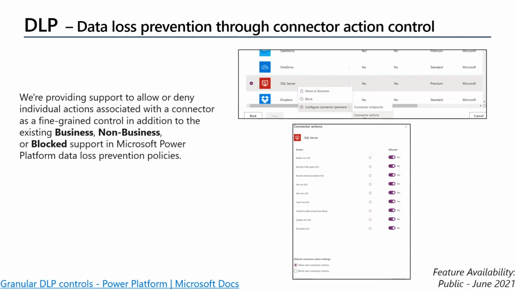So we have delete row, execute SQL query, execute stored procedure, and so on. So you can have allowed actions or blocked actions. In this Wave 1 release, we are providing support to allow or deny individual actions associated with the connector, in addition to the existing business, non-business, or blocked categories that we can specify on the data loss prevention rules.